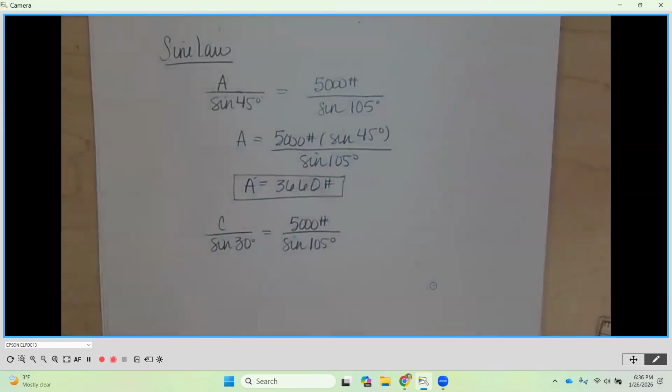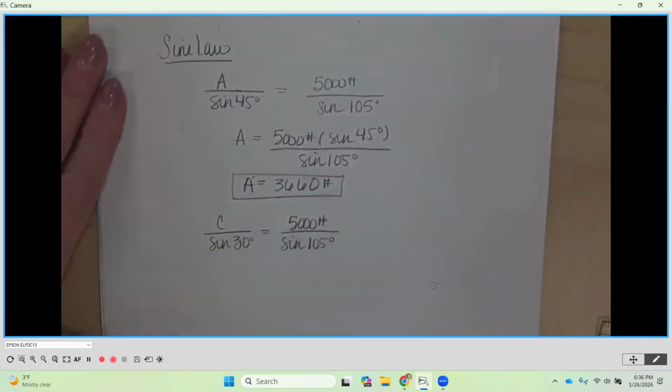Now, could I have used A? Yes. But whenever possible, it's a good idea to use as much original information as you can. The 5,000 was given to us in the problem, and A is a calculated value. I'm really confident in A, but again, I'm trying to use as much original information as possible.